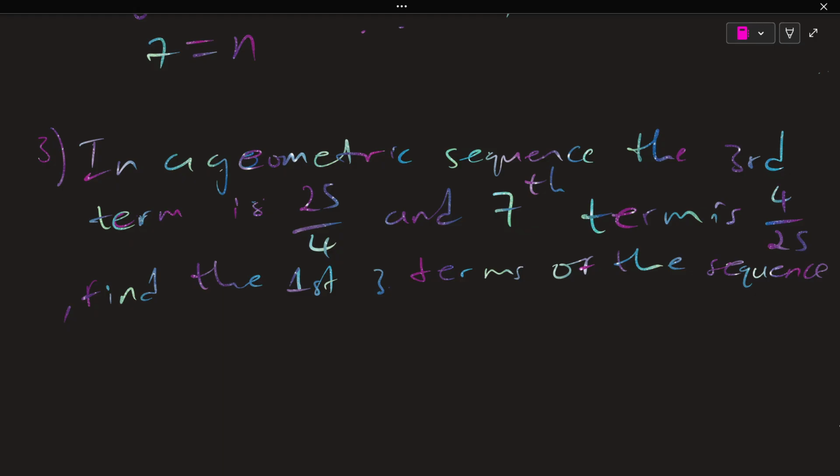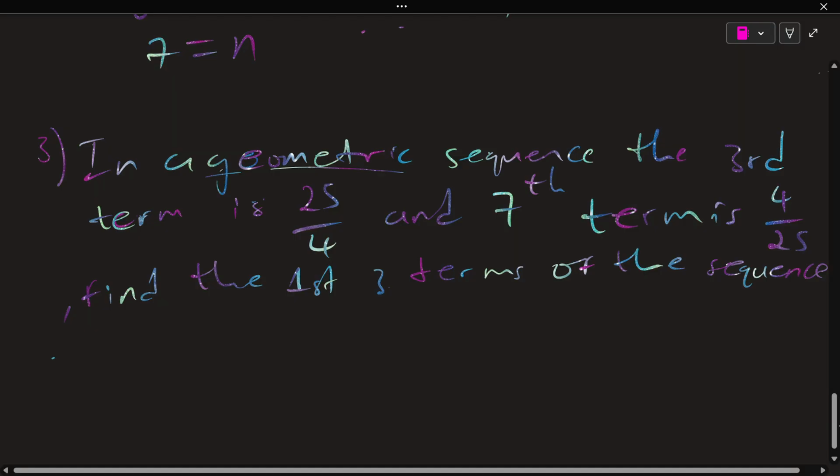To do that, we've been told that we're dealing with a geometric sequence by this statement here. So we don't have to prove that we have a common ratio. We just have to assume that the ratio is common. Right?